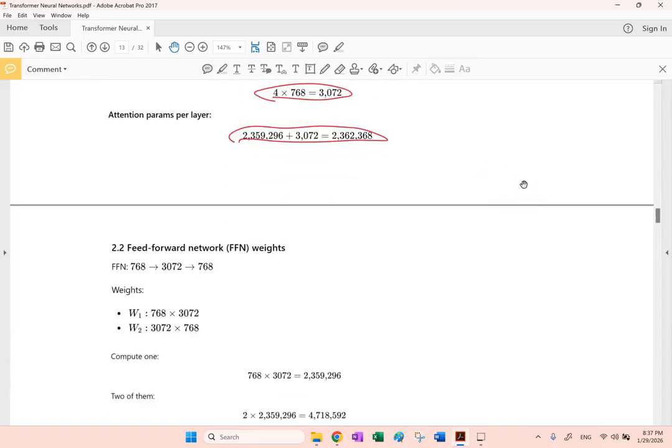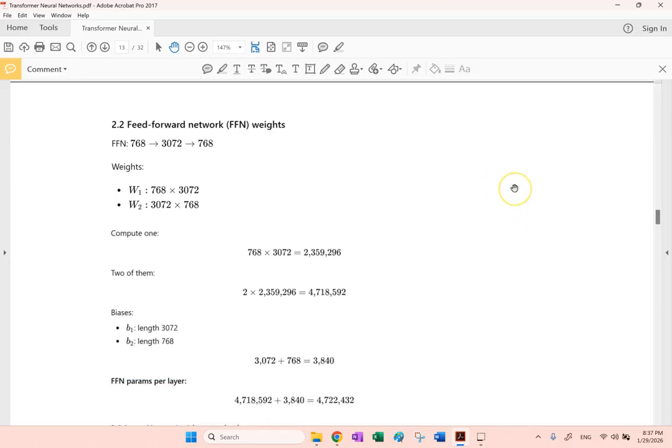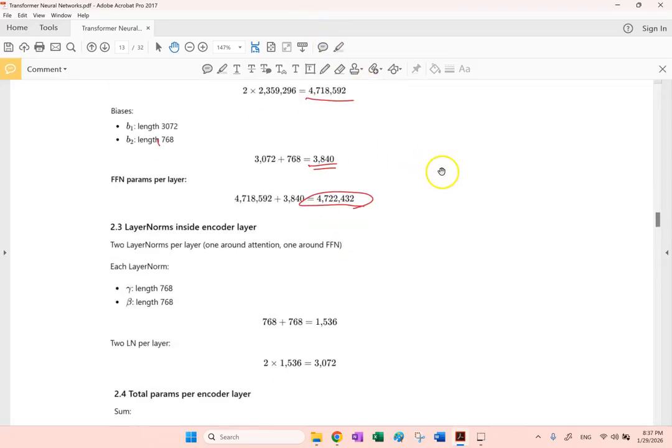Then remember, we had a feed-forward network, which has W1, W2, B1, and B2. And with the dimensions of D model and DFF, W1 and W2 have the same dimensions. Sum of them is about 4.7 million. B1 and B2 are just small, like 3,000. So the whole feed-forward network will have about 4.7 million parameters. Okay?